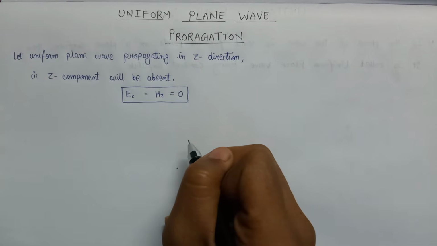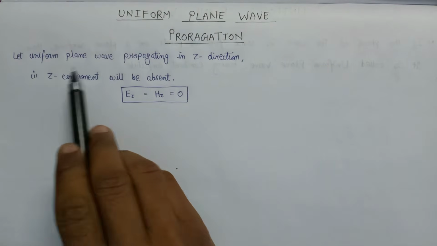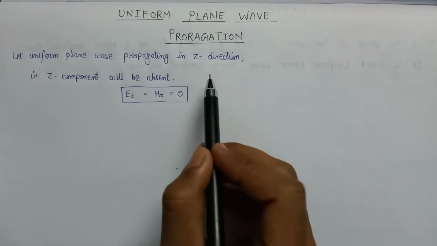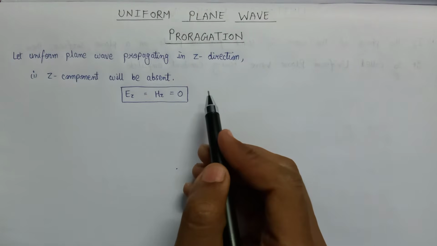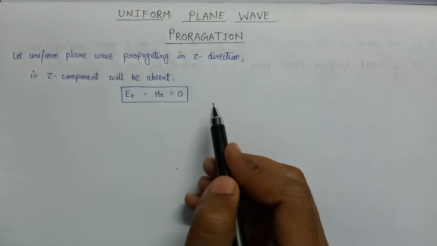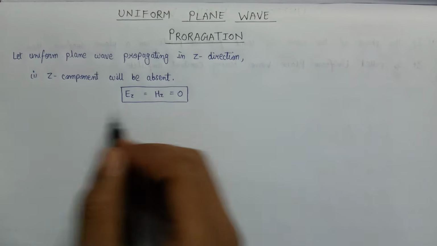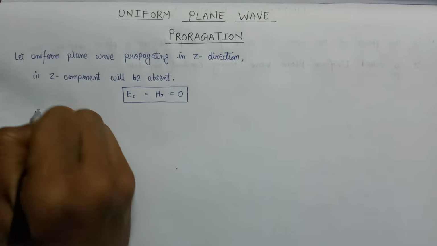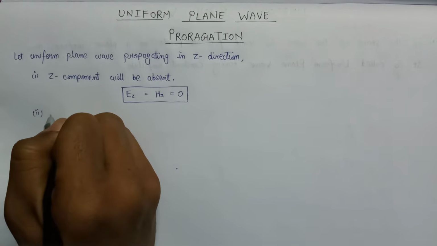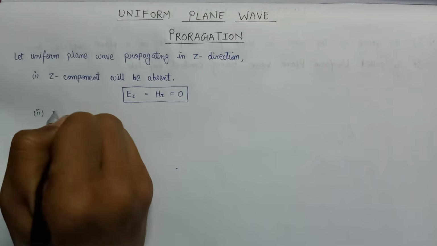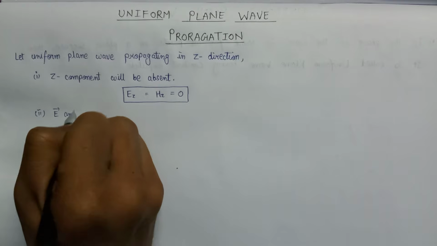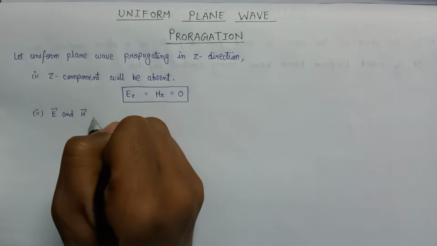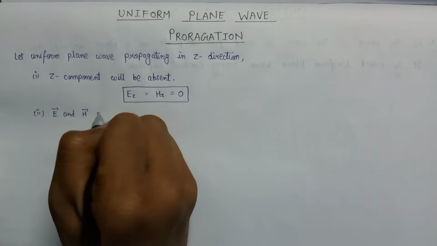Talking about condition number 2, if the uniform plane wave is propagating in z direction, then there will be no variation in x and y direction. So the electric field intensity E and the magnetic field intensity H are independent of x and y.